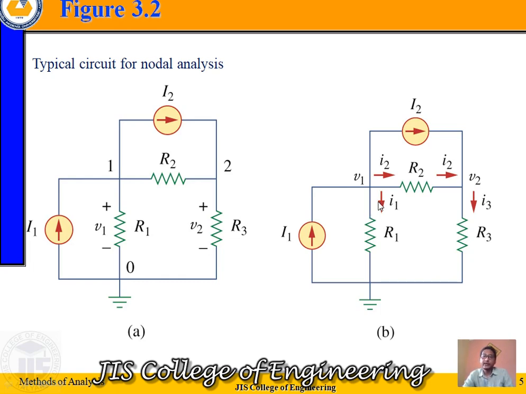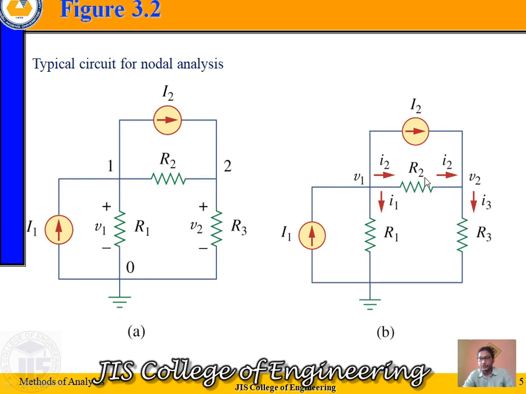You can take the direction of current as per your choice, no problem at all. First of all, we have considered this I1 current downwards. This is my choice, you can consider it in the up direction also. Similarly, I have considered I2. For node 2 where the voltage is V2, we have considered the I2 current through this R2 resistance from left to right.